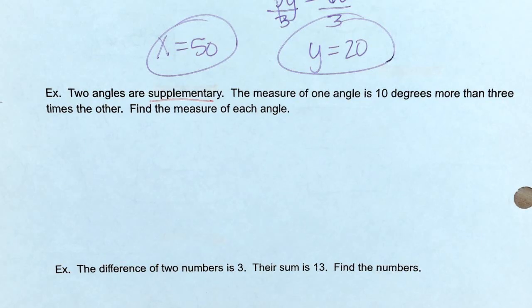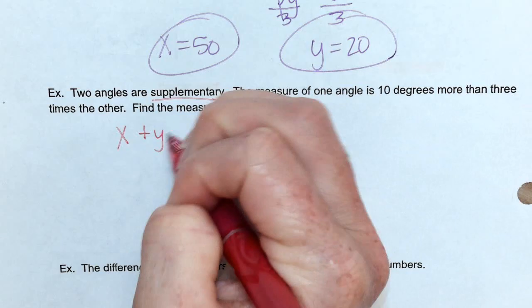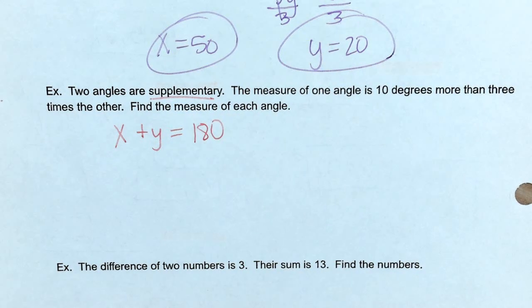So if two angles are supplementary, that means they add up to equal? 360. No. 180. Yeah. So if I don't know the angles, I call them x and y. So how would I write that? X plus y equals 180. Now, just so y'all know, complementary means they add up to 90 degrees. They make a right angle.